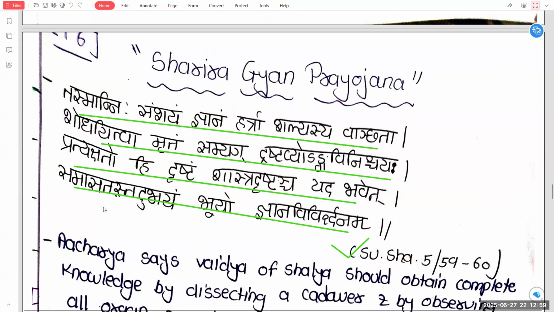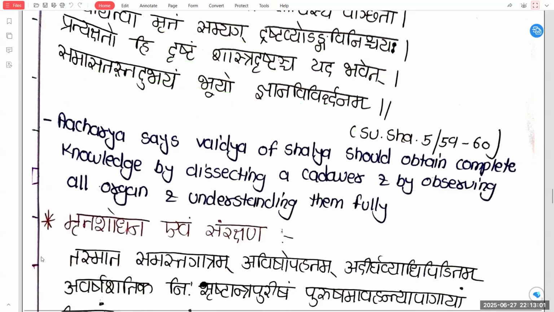So what Acharya Shushruta has told in this shlok is that a Vaidya of Shalya should obtain complete knowledge by dissecting a cadaver and by observing all the organs and understanding them fully.